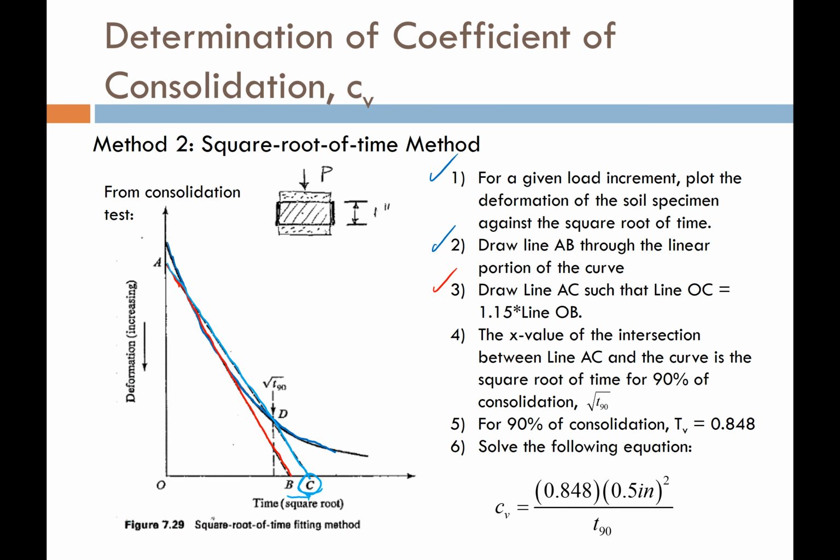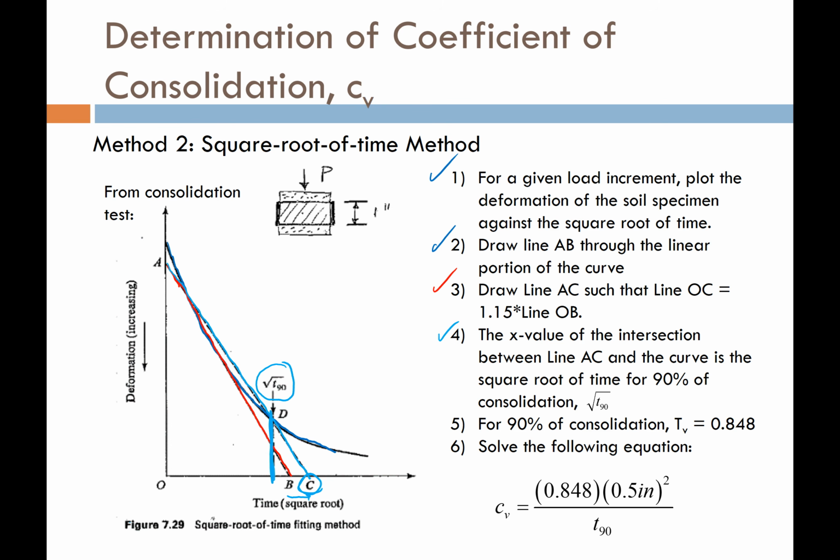We want the slope AC to be just 15% over from line AB. Then step 4, wherever line AC crosses our consolidation time rate curve, that crossing point right there, we're going to call that the square root of the time required for 90% of primary consolidation.